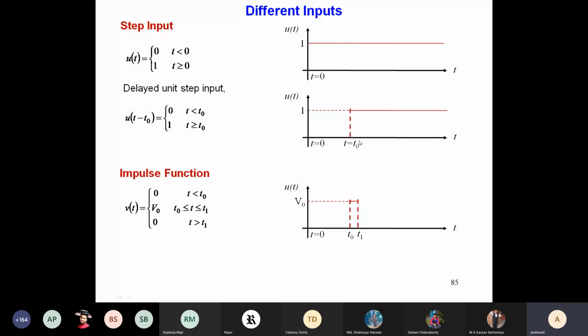So delayed input can be represented as a combination of two step inputs. At t equal to t naught the delayed input is applied, and then another delayed input at t equal to t1 is subtracted from it. This is just the mathematical representation. You switch on at t naught and then switch off at t1.